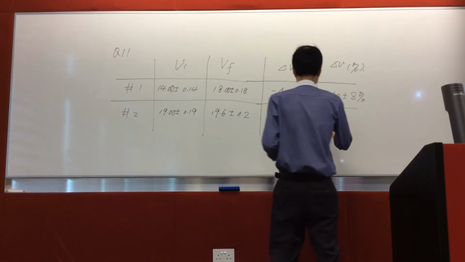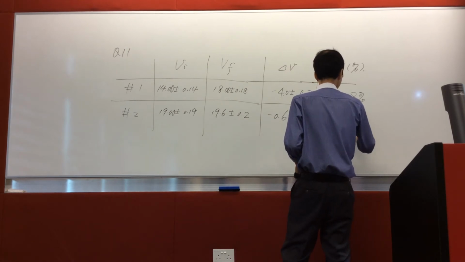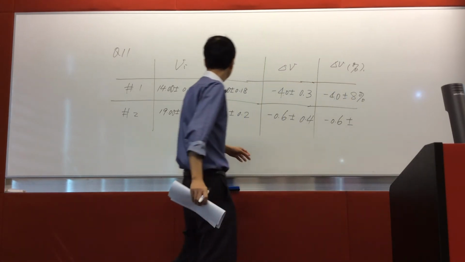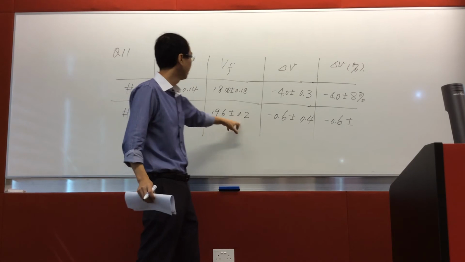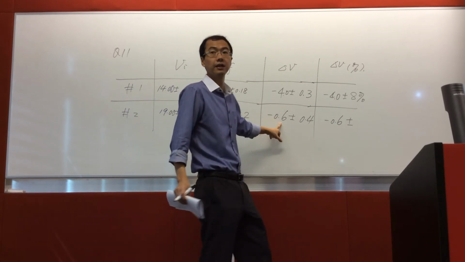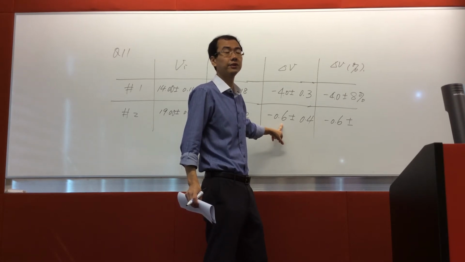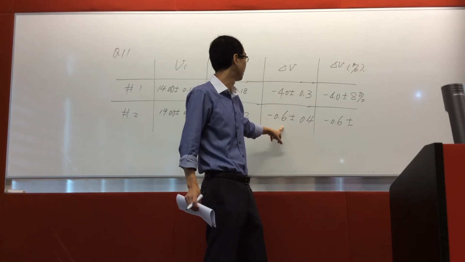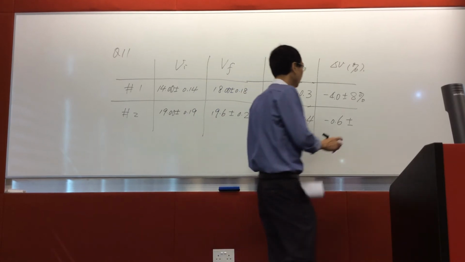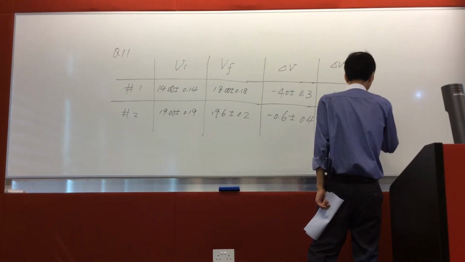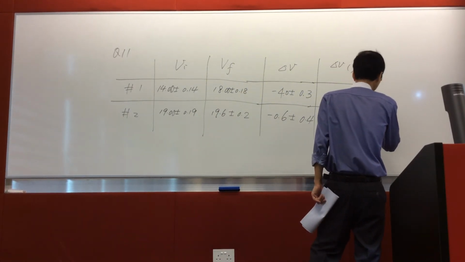And here, if you use 0.39 divided by this one, it will give you 60 something percent, 65% maybe. Then if you want to report the percentage, 66.